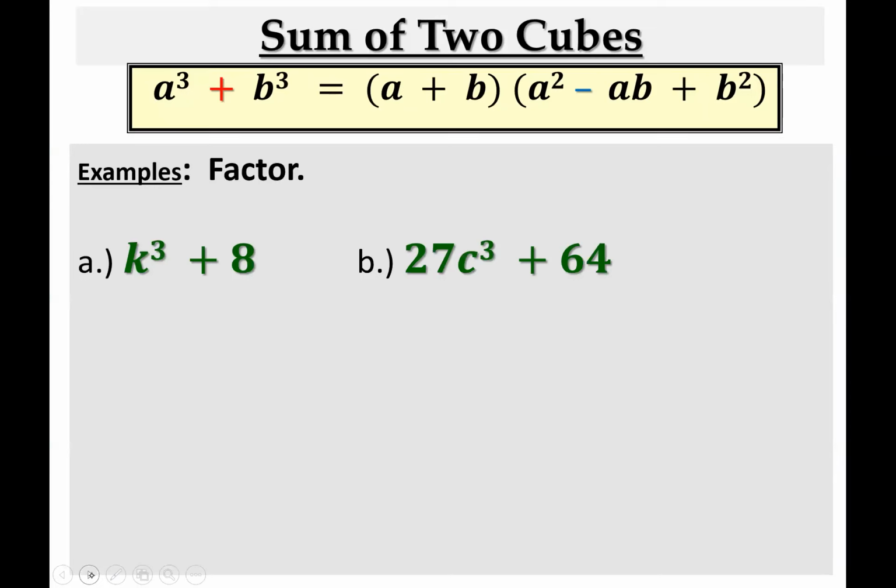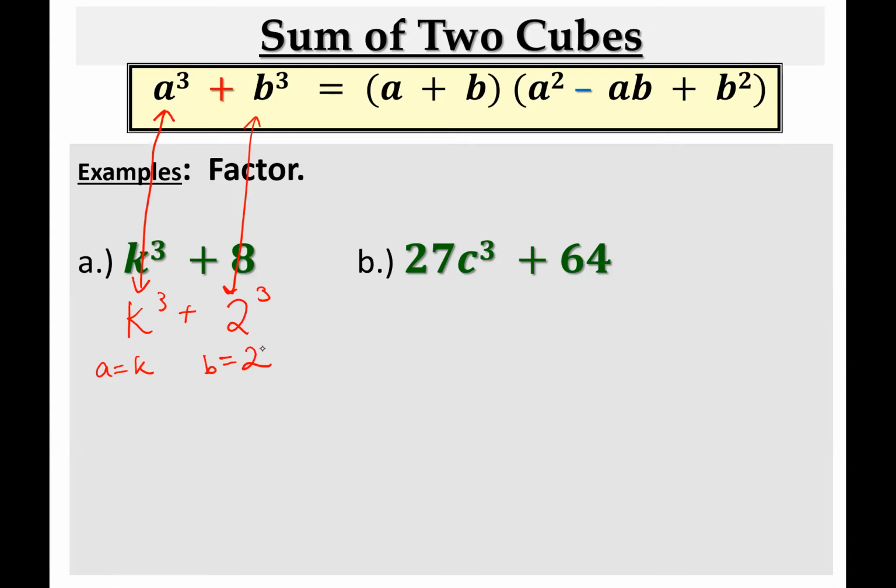All right, so the point of that little detour was just to remind ourselves that 8 is equal to 2 cubed. So we can rewrite our problem as k cubed plus 2 cubed. What this means is a in our formula is just equal to k. And then b is equal to 2, not 8, 2.